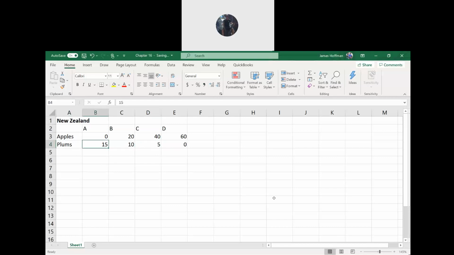Okay, so that was given. I'm just reproducing the table from the problem. Okay, so that's for New Zealand.